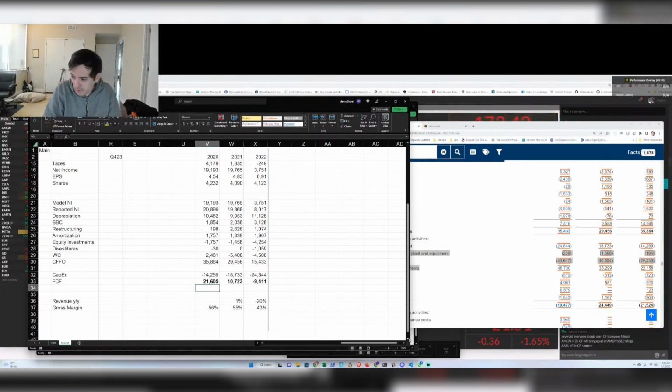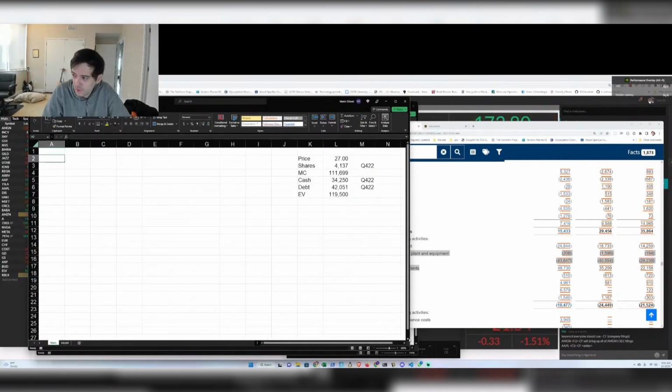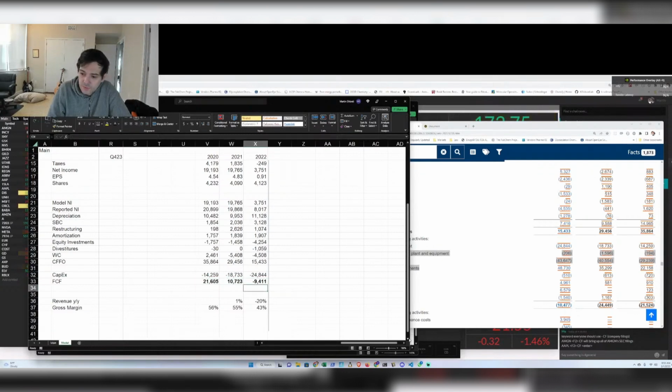So one thing we could do is look at the average earnings, and some people call that CAPE, cyclically adjusted PE ratio. So you look at it over 3 years and you say, okay, they made 7.6 billion. Well, what's the PE ratio, or the EV to E ratio, which is probably more important? 16 times earnings. And you have to think about, well, is that reasonable or not? I don't know.